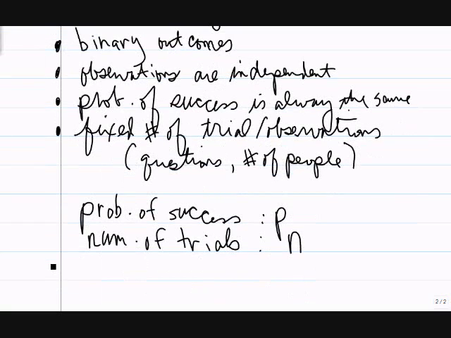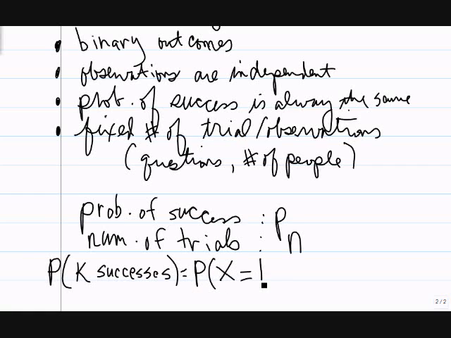And if I want to find out the probability of k successes, officially we would write that as the probability that X equals k. So the probability of getting 1 question right, or 5 questions right; the probability that my random variable is equal to 1 or 2 or 5 or whatever number you want.